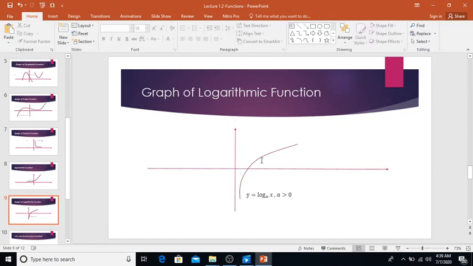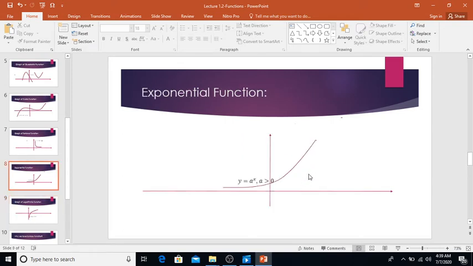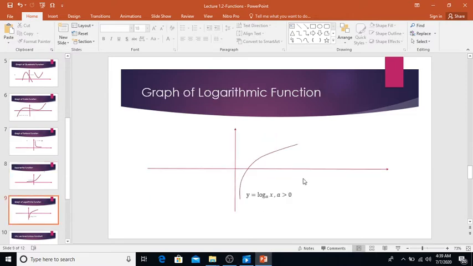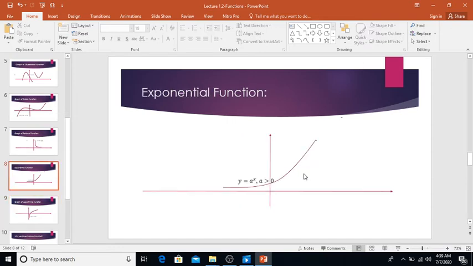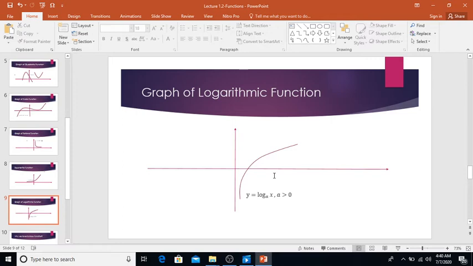You can see this function is also increasing, but there is a difference in how the exponential function and the logarithmic function increase. Both are increasing functions, but there is a difference in how they increase. One increases at increasing rate, another increases but at decreasing rate. But we will focus on this at later lectures.